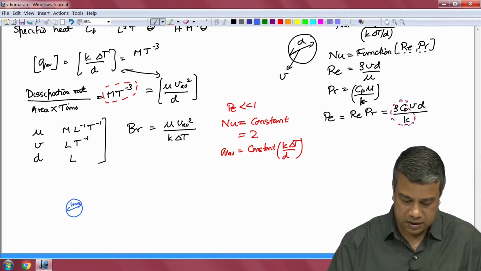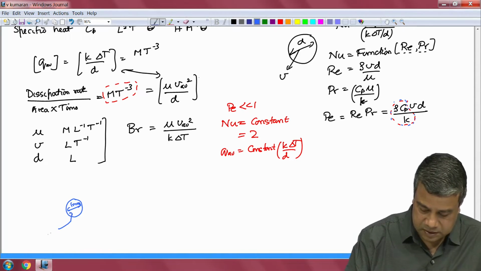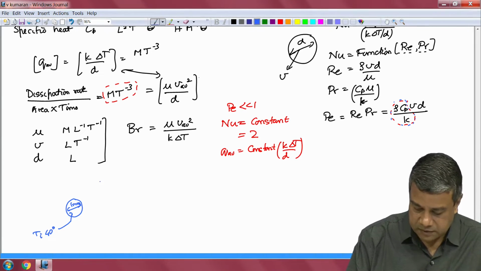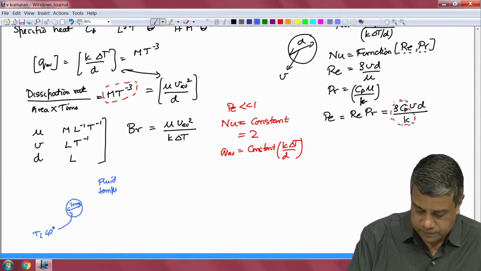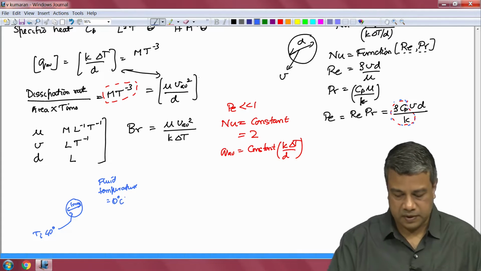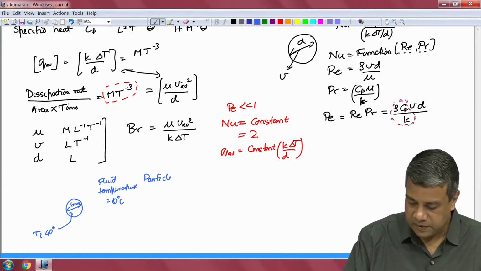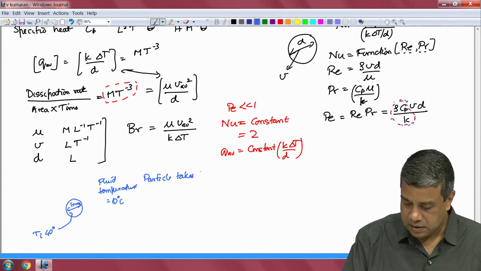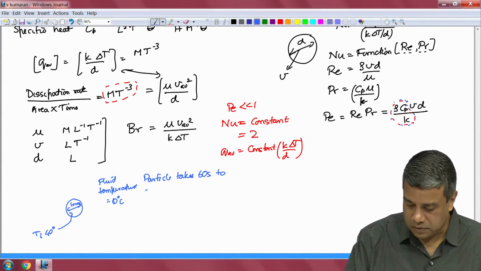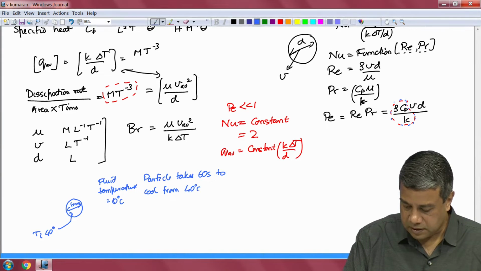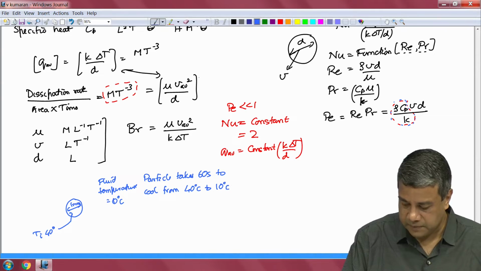The temperature of the particle is initially 40 degrees centigrade, and the temperature of the fluid is 0 degrees centigrade. And let us say that the particle takes 60 seconds to cool from 40 degrees centigrade to 10 degrees centigrade.